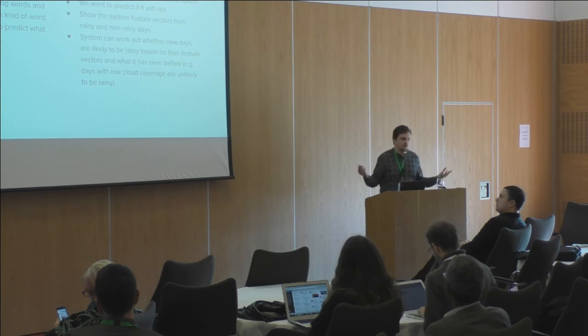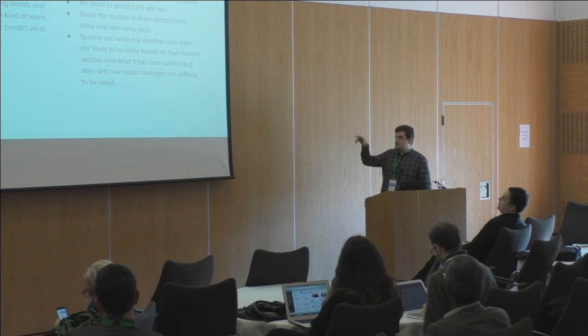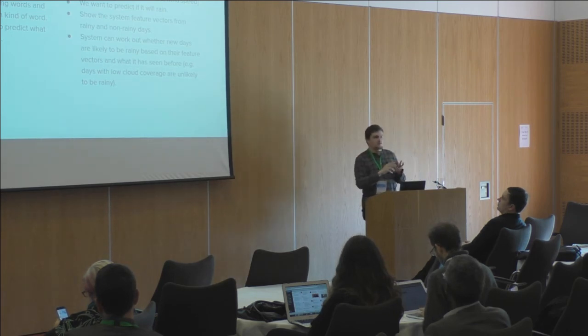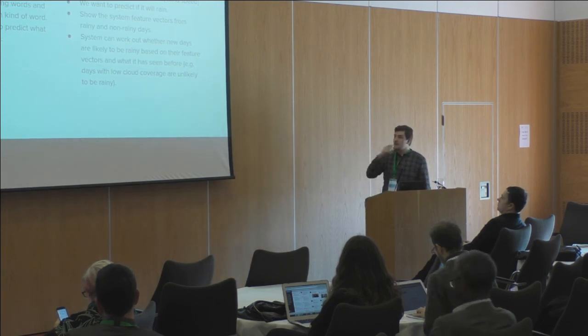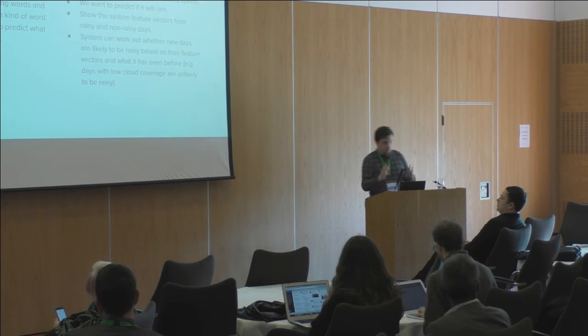Whereas one with 0 cloud coverage, it's very unlikely it's going to rain that day. So we used that approach for classifying the words in the transcripts from the documents into surname, forename, occupation, title, address. So that was the basic gist of what we were doing.